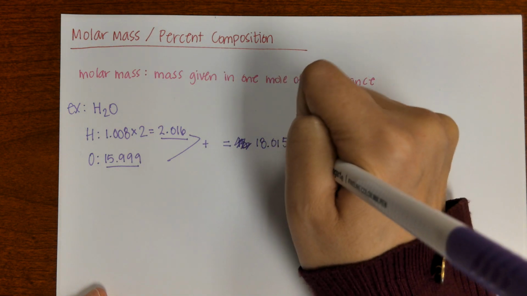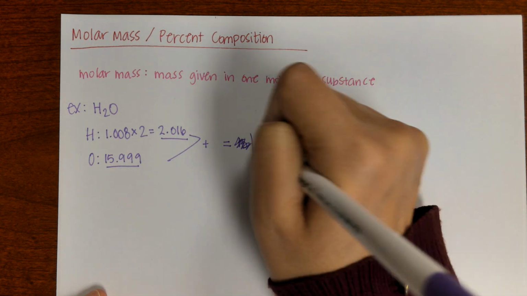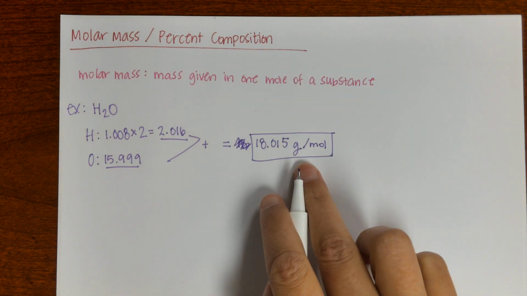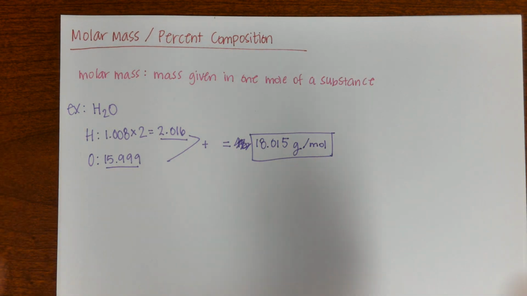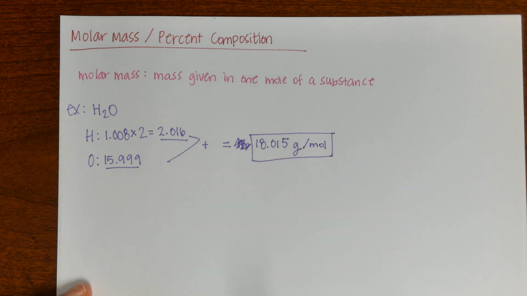And the unit for that is grams per mole. What the unit tells us is that every 1 H2O has a mass of 18.015, so 18.015 grams in 1 mole.